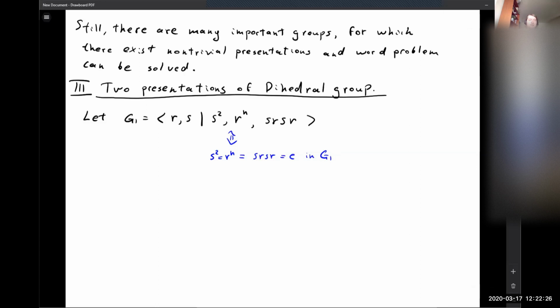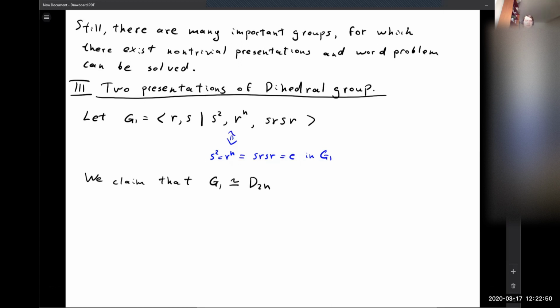Okay, so we claim that G1 is nothing but the dihedral group, up to isomorphism.